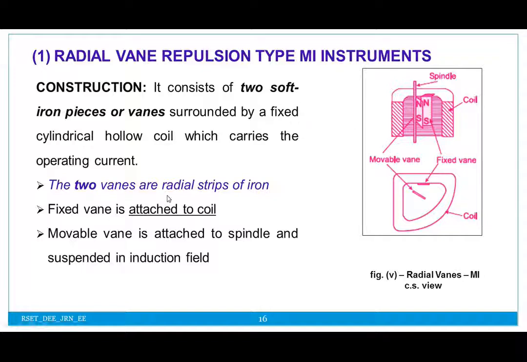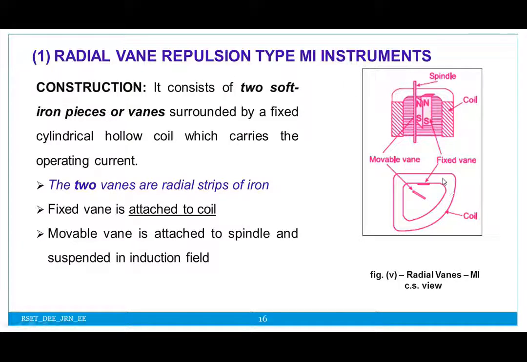Two vanes which are radial strips of iron, you can see the shape. One is fixed and the other is moving, attached to the spindle. The fixed vane is attached to the stationary coil. The movable vane is attached to the spindle and suspended in the induction field. This is present in the magnetic field created by the coil.